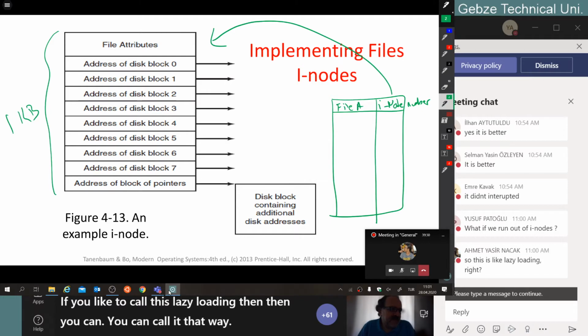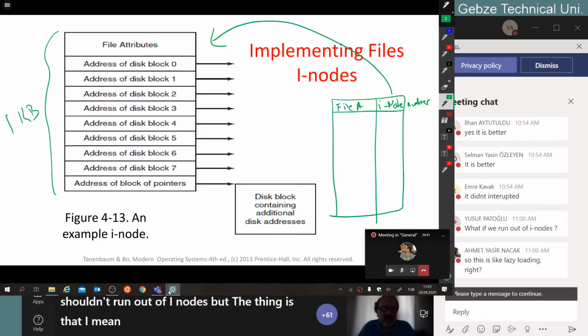Yusuf says, what if we run out of inodes? That's a bad thing. You shouldn't run out of inodes. But how would you run out of the inodes? Each inode contains these pointers, and each pointer has to point to a block.